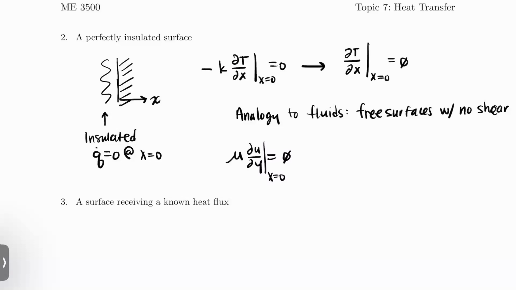Let's say it's x equals 0 also. And this means that du dy at x equals 0 is 0. So this is the exact same form of a boundary condition.